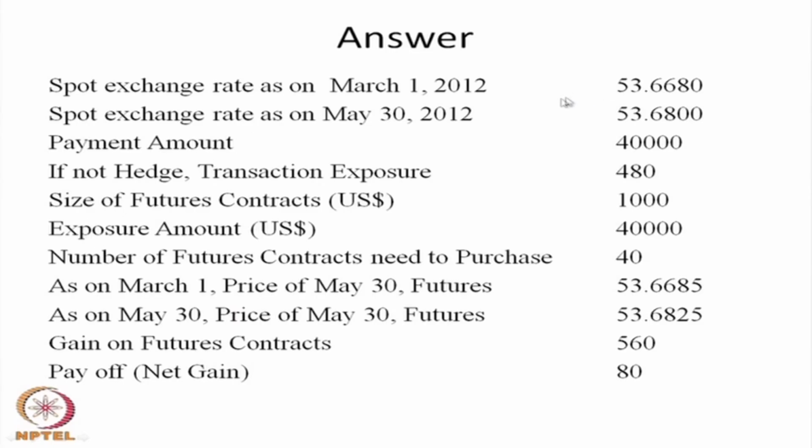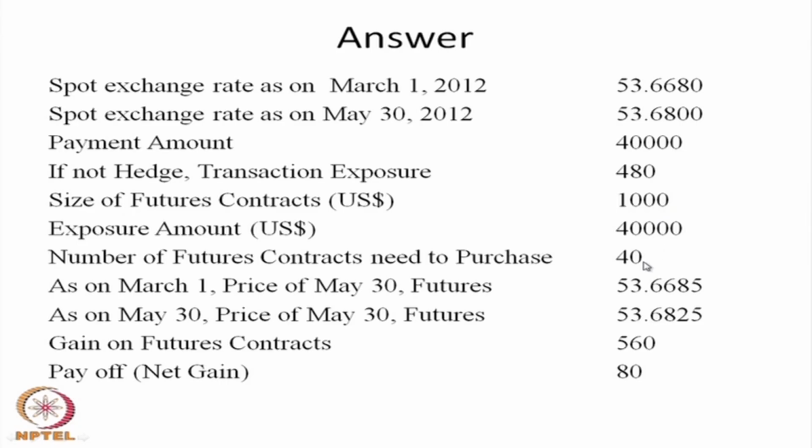The solution is here. The spot exchange rate on March 30th is 56.60, and for May 30th spot is 53.68. The payment amount is $40,000 US. So, if we do not hedge, then there will be a loss of 480 rupees. To avoid this loss, the importer purchases contracts. The contract size is 1000 and the exposure is 40,000.